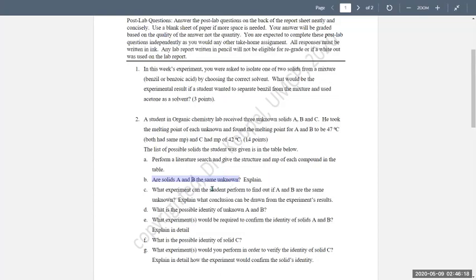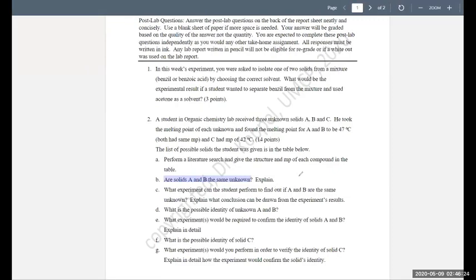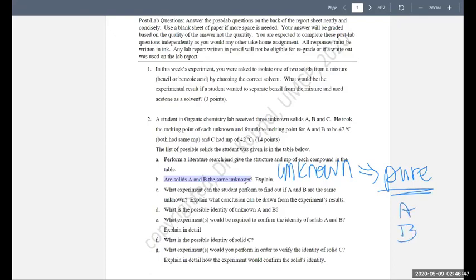So I think another common mistake here is that sometimes students think that the solid A is not pure. The unknown solid, you should assume the unknown solid is pure. It's not impure. It's pure. You just don't know what the identity is. It's like whodunit kind of thing.